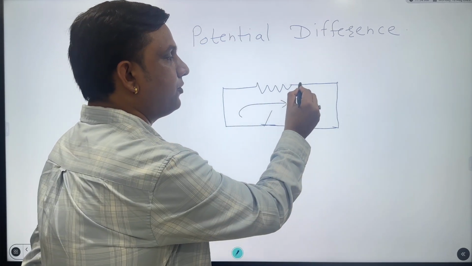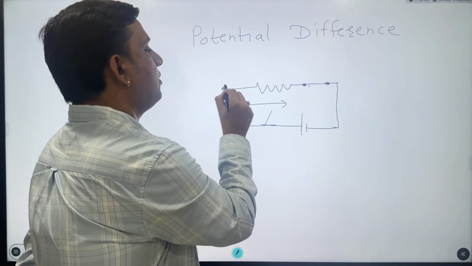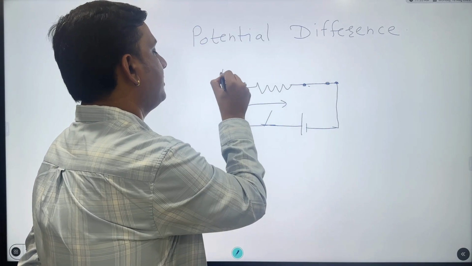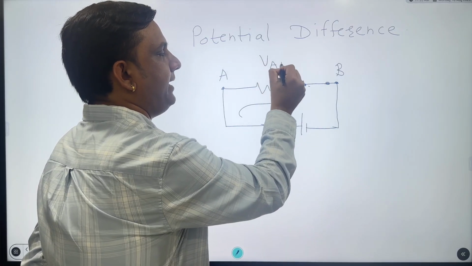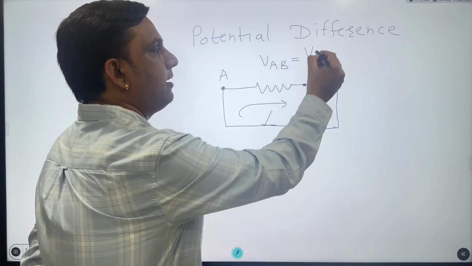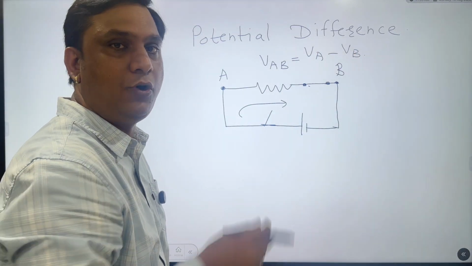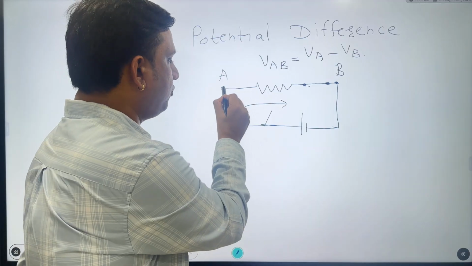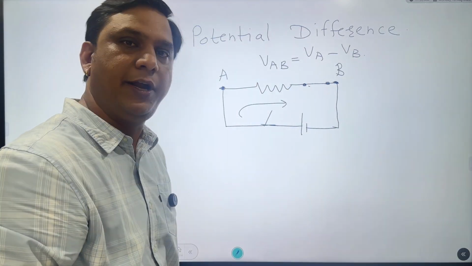The difference between the potential of any 2 points, say A and B, is the potential difference VAB, which equals the potential at point A, VA, minus the potential at point B, VB. So the difference between the potential of 2 points, we are calling the potential difference.